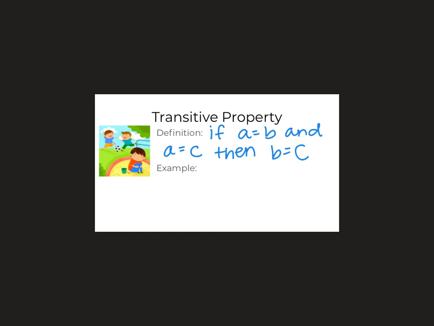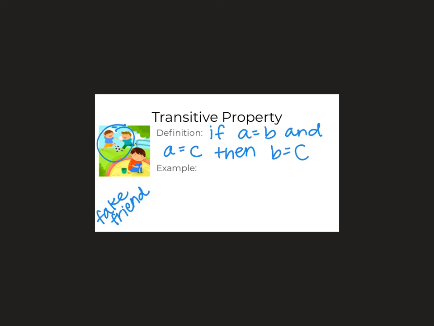It's a little bit hard to think about, at least for me, in terms of letters. I call this the fake friend property. And here they are. Here are our fake friends.